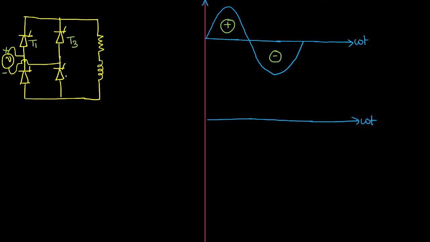Upper legs will be named in odd numbers, lower legs in even numbers: T1, T2, T3, T4. Now when positive supply is injected here, it will become positive. Automatically the opposite plate, that is the cathode of thyristor T1, will be negative. By default, if you observe thyristor T4, the cathode will be receiving positive, so the anode will automatically be negative.